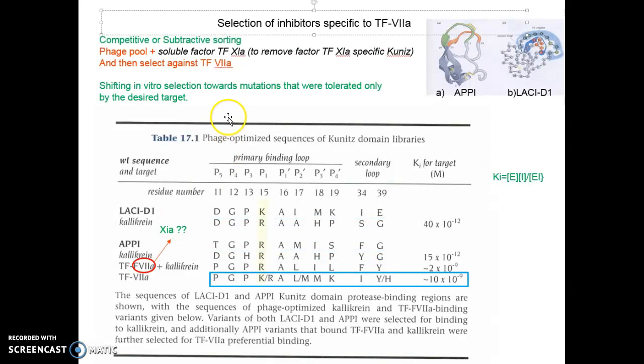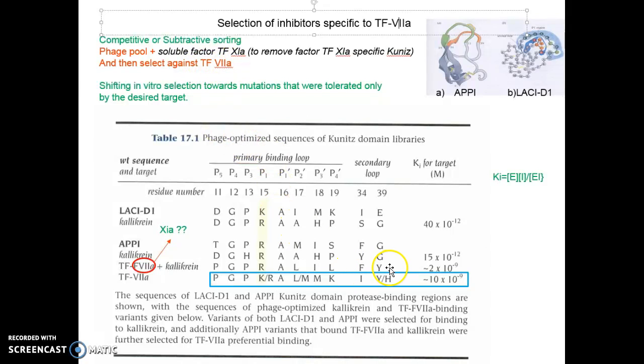The next experiment was competitive or subtractive sorting to select inhibitors specific to 7A in this case. To achieve this purpose, they added factor 9A into the phage pool to remove the phage that has a high affinity to 9A. Then they selected against 7A.